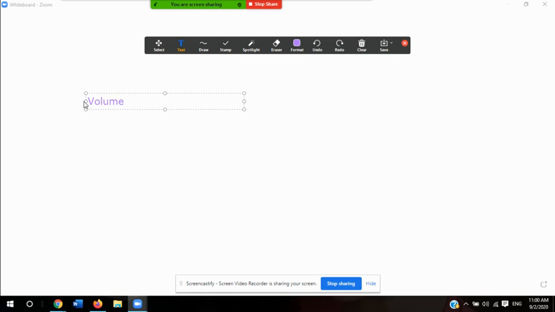Yes, page 35. I'm just making sure that I'm quoting the right page. So page 35, volume is defined as the amount of space occupied by an object. Volume is the amount of space occupied by an object.